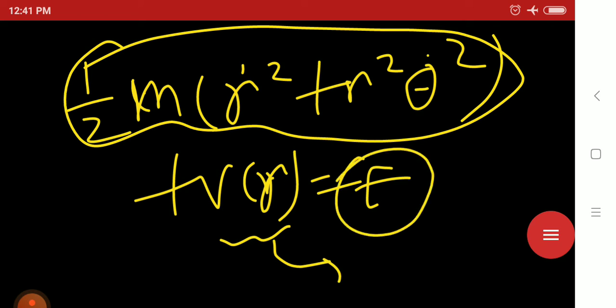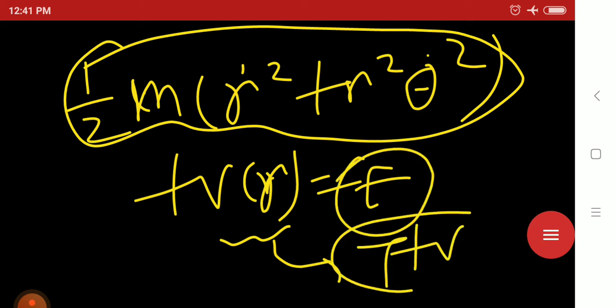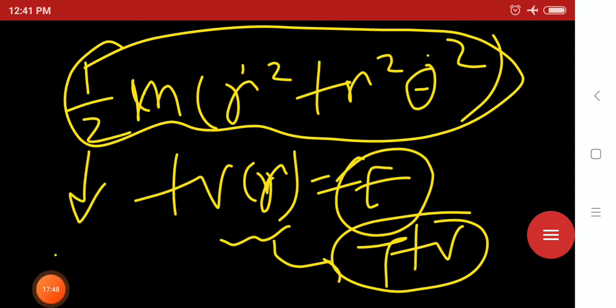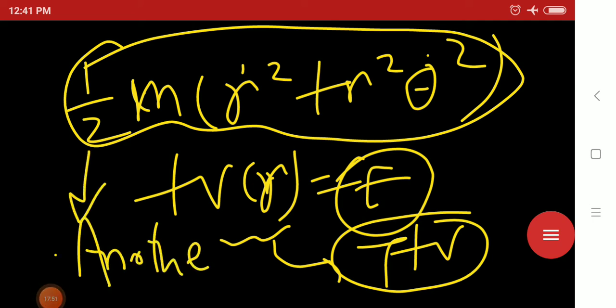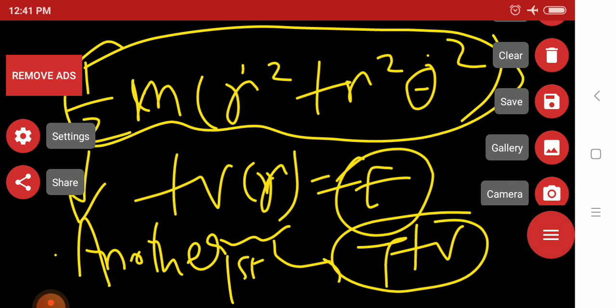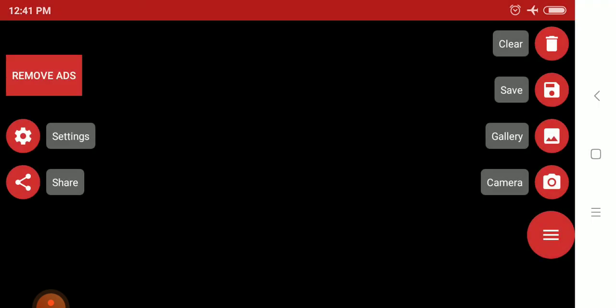So total energy T plus V is present here. This is another first integral of motion.